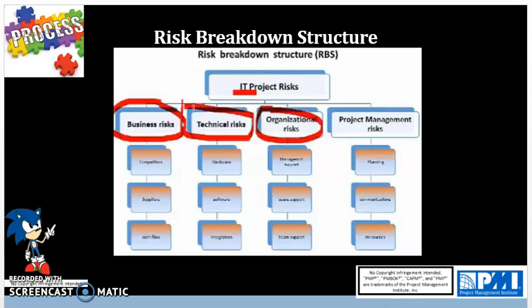You could have risk with hardware, software, and integration. Then you have organizational risks such as management, support. Then you have team support and supplier support. Then project management risks can come in the form of planning, meetings, communications, and resources. So those are all examples of categories and risks under the RBS that will be listed in your risk management plan.